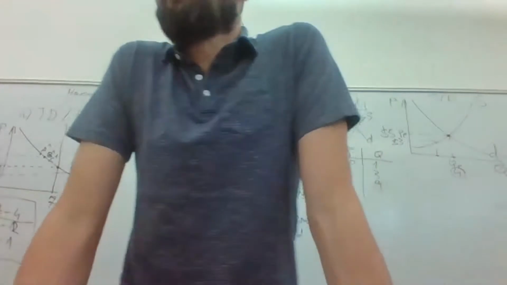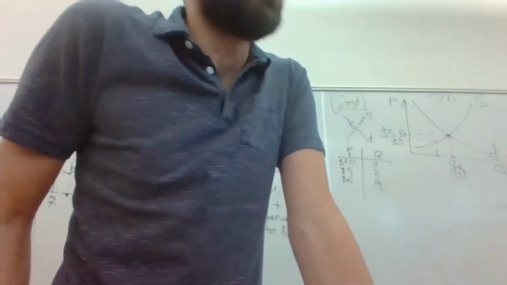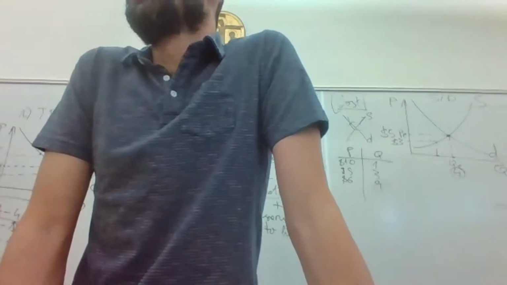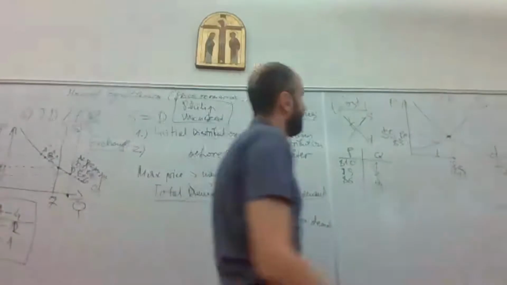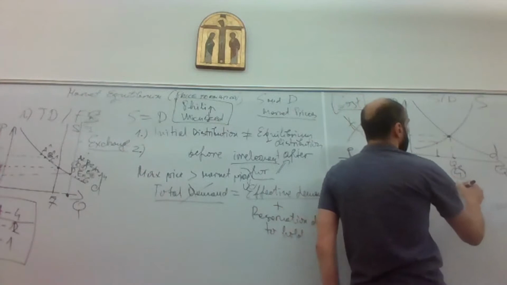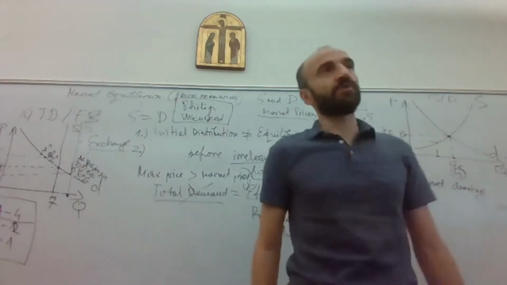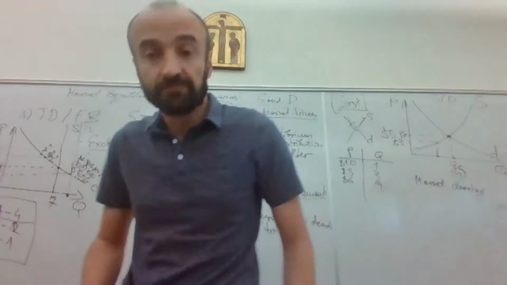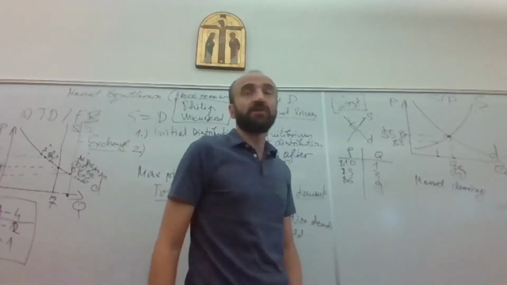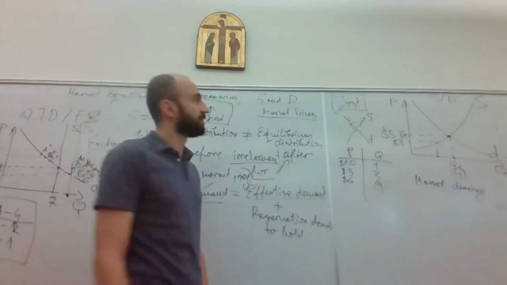Another use of this model is that it can explain very well the concept of market clearing. It can explain very well why the market is an efficient mechanism. So market equilibrium is a situation whereby supply equals demand.